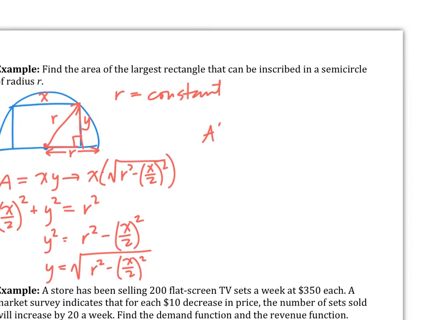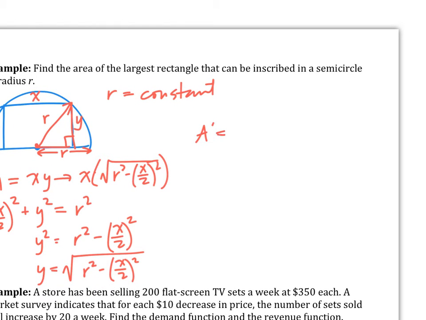All right, I'm going to try to help you guys. So x times 1/2 r squared minus, I'm going to multiply out the x over 2 squared into x squared over 4. So x squared over 4 to the negative 1/2 times x over 2.